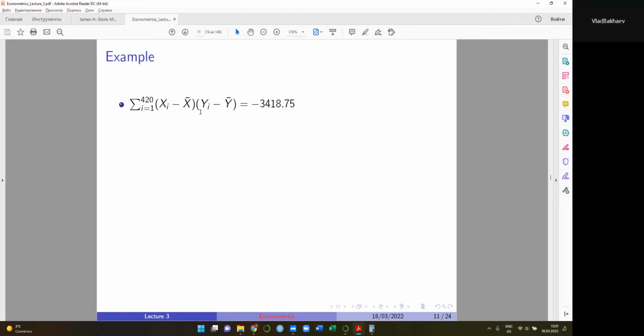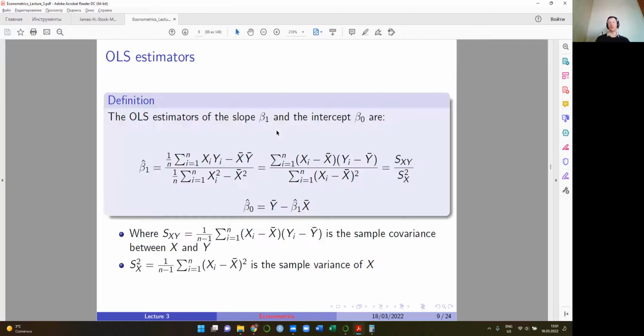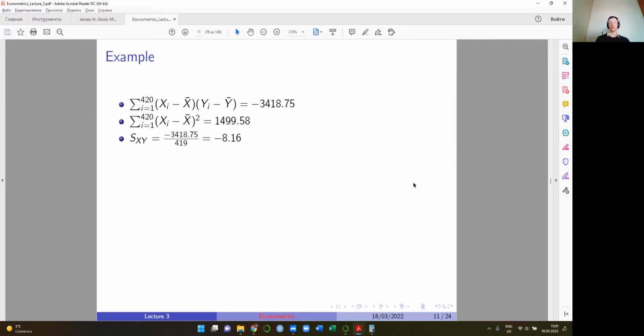Yes, so we sum these products of deviations to get this number, and then we sum the squares of deviations of x to get this number. Then we can immediately divide one by the other in order to get beta 1 hat, or I decided to illustrate how to apply the last formula with the help of covariances. So this is the sample covariance of x and y. We divide the sum of deviations by n minus 1, 419.